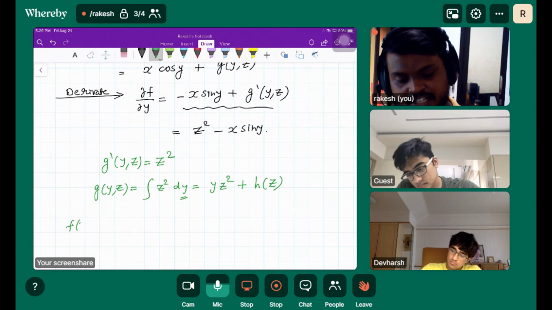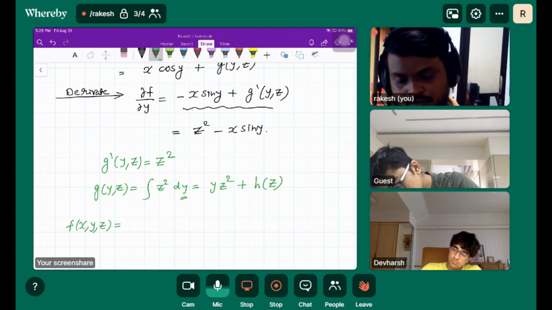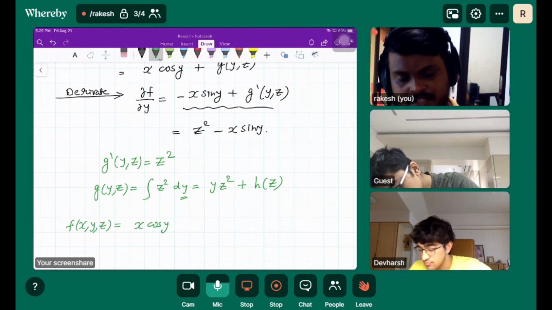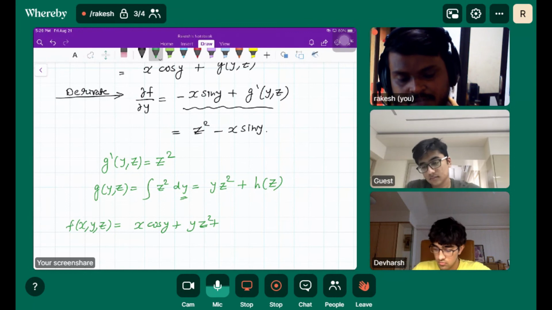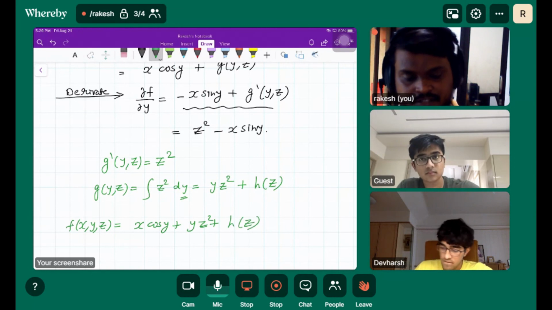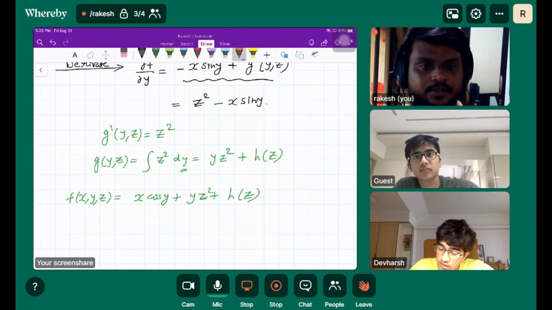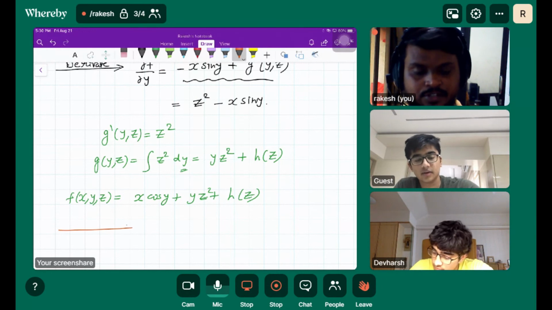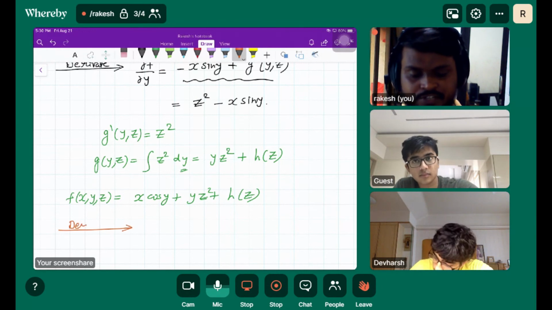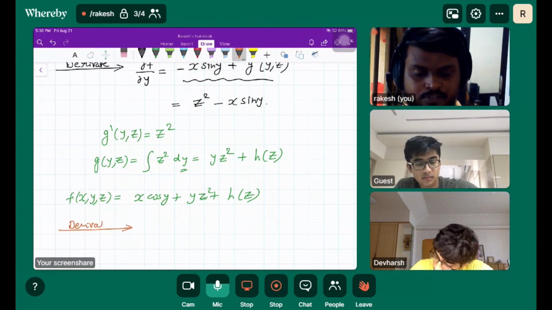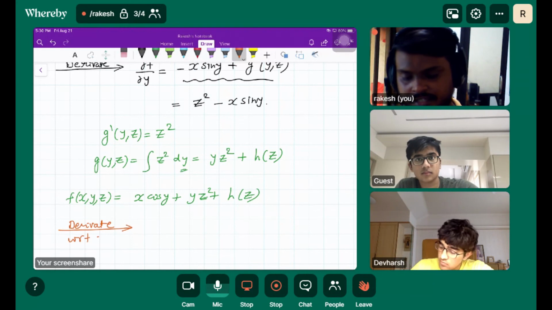Now our function is f of x y z is equal to x cos y plus y z square plus h of z. Now which partial derivative is still left? The z one. So the third one. Yes. So we'll differentiate with respect to z.